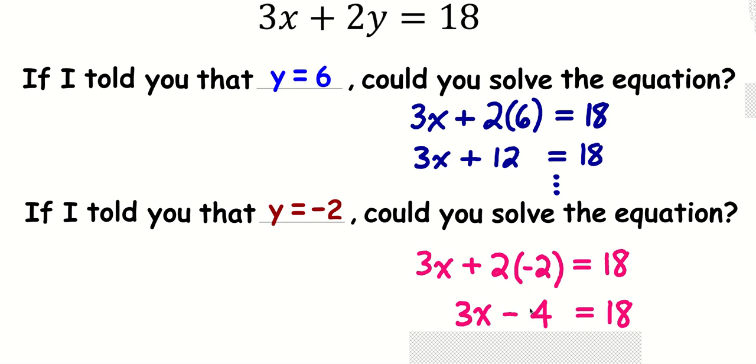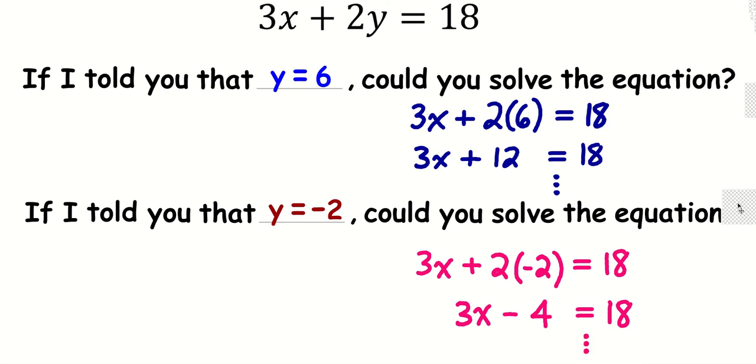Well, that's -4. All of a sudden the equation looks like this, which is really just an x variable, just like up here. All we really have now is an x variable, and as long as the equation only has one variable in it, you can totally solve for that.